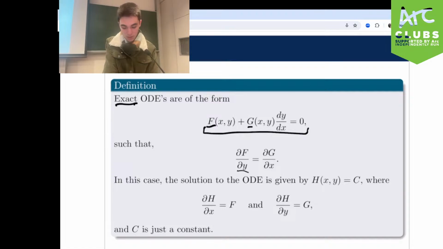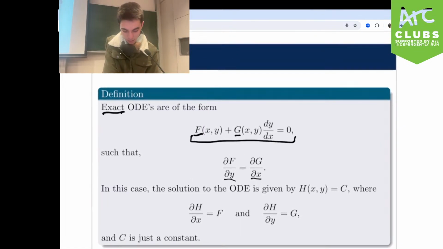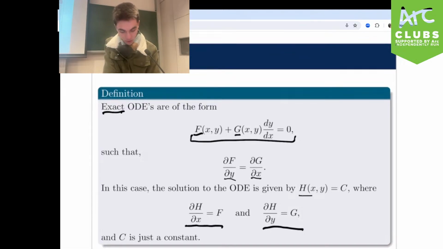And if it does, then we can define implicitly the solution through these two equations. Our solution, written as h of x and y equals some constant c, would be defined by the partial derivative of h with respect to x being f, our function from here, and the partial derivative of h with respect to y being g.